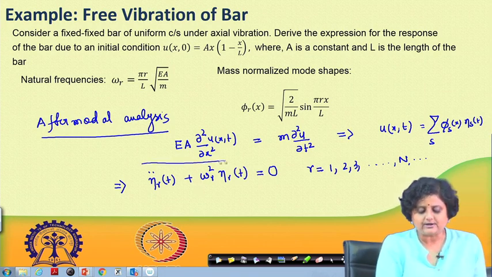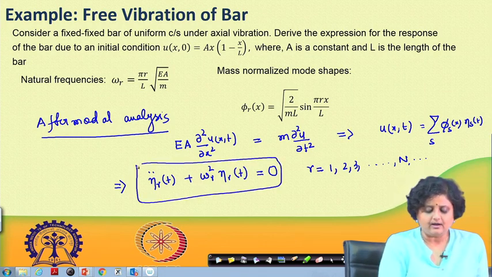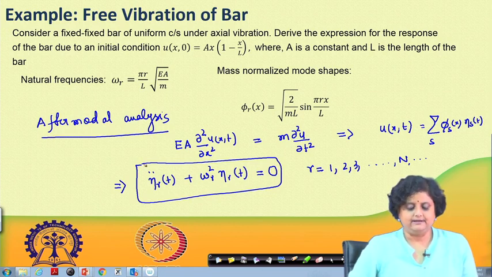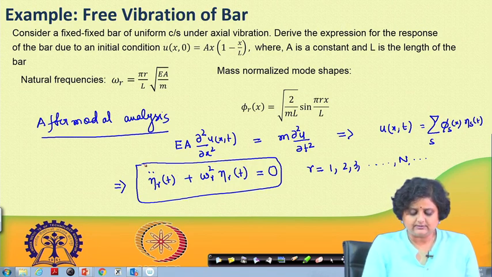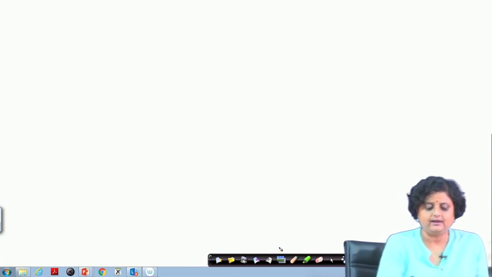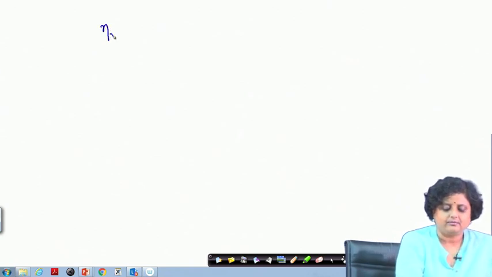Now, this equation we have seen many a time earlier. So, we know how to solve this equation. The solution of this equation is pretty straightforward.